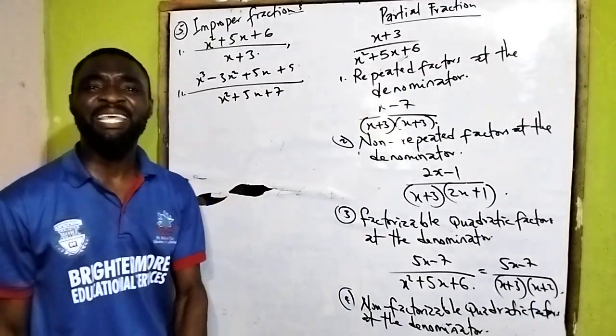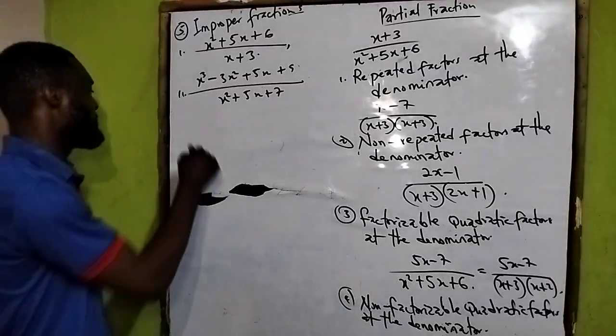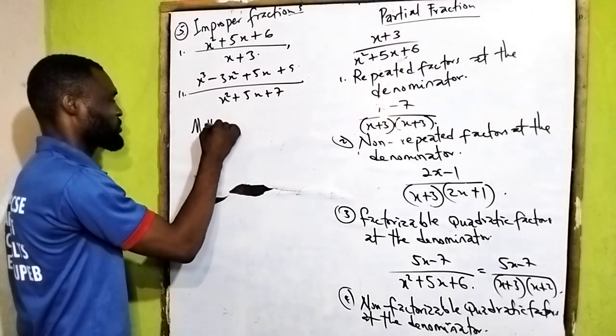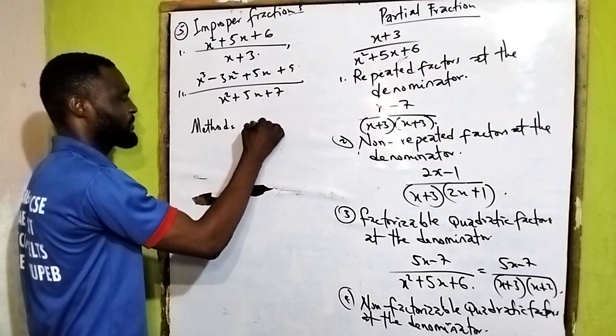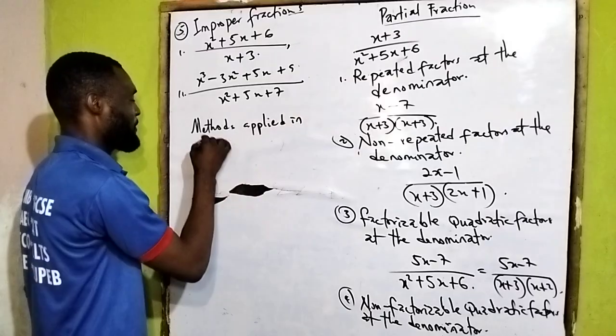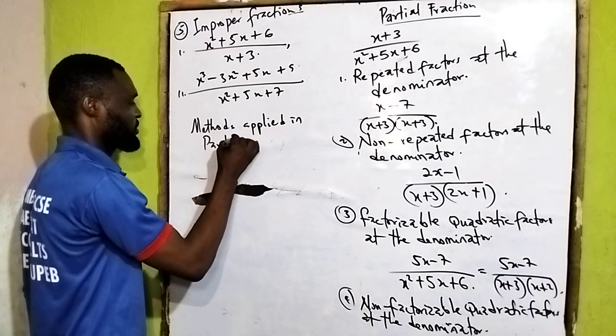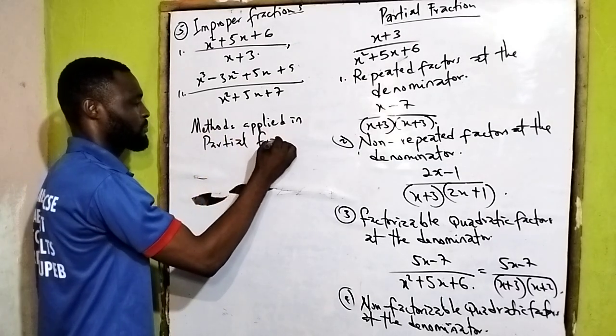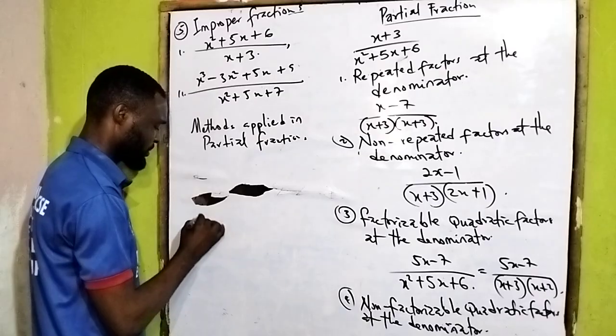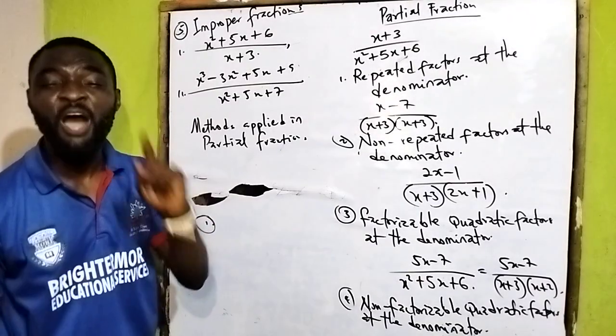In partial fractions, there are two methods that can be applied. One, you can apply the cover up method.